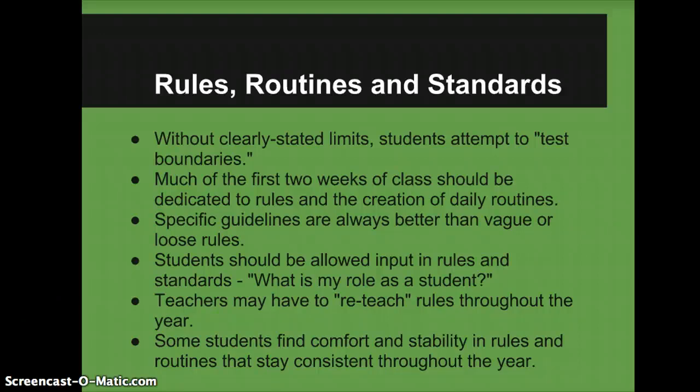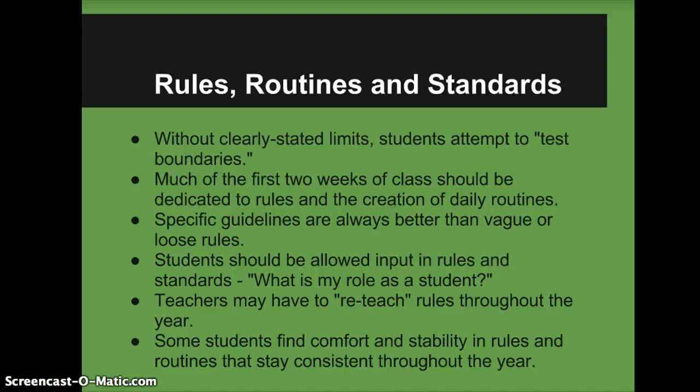And like I said earlier, a lot of the teaching within the first 2 weeks is going to be devoted to these rules and routines and standards. I know that in my experience with younger children, the students really like those routines so that they know, oh, after math time I need to go and get my reading book, and then after that I'm allowed to go to the bathroom during this certain time, so they know exactly when to do things and how they could do things. So yeah, just what is my role as a student?